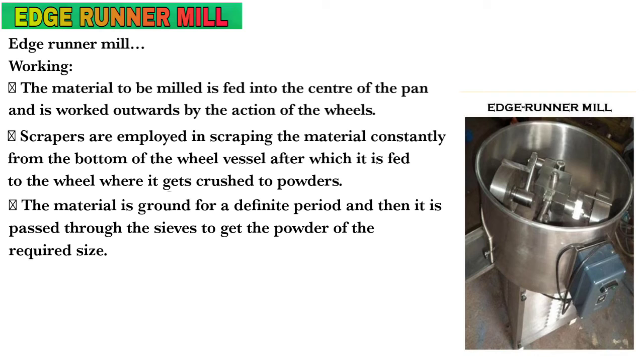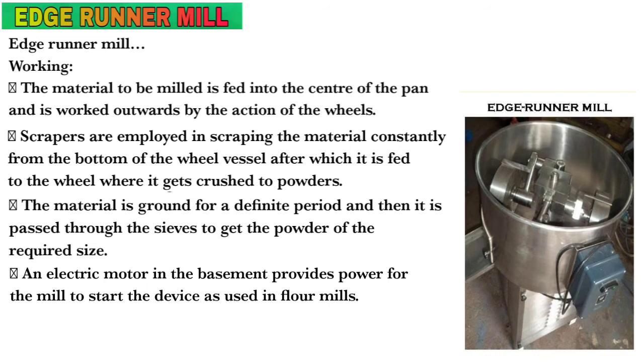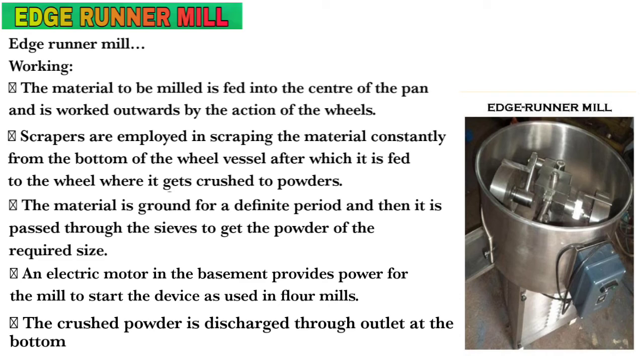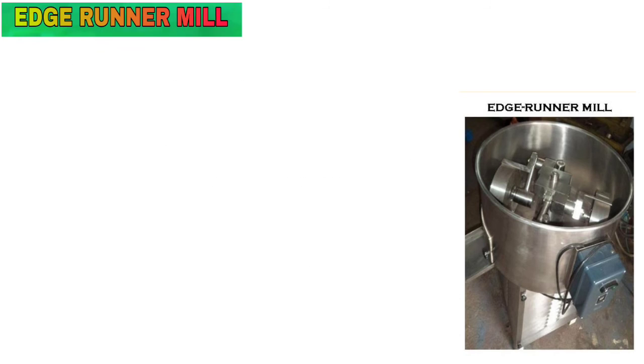The material is ground for a definite period and then it is passed through a sieve to get powder of the required size. An electric motor in the basement provides power for the mill, as used in flour mills. The crushed powder is discharged through an outlet at the bottom.